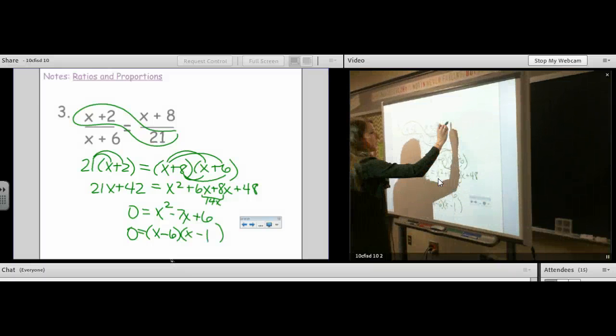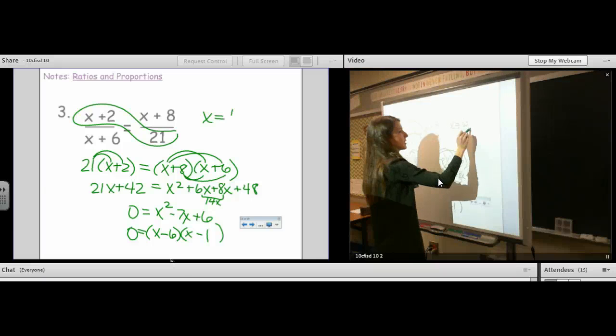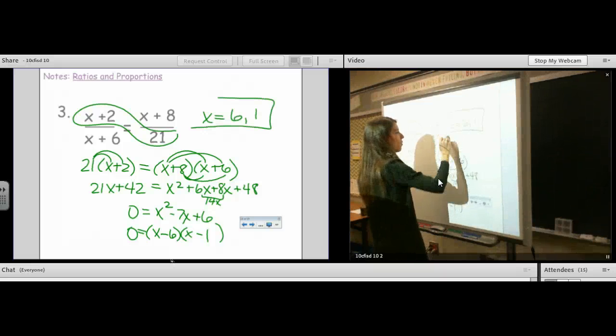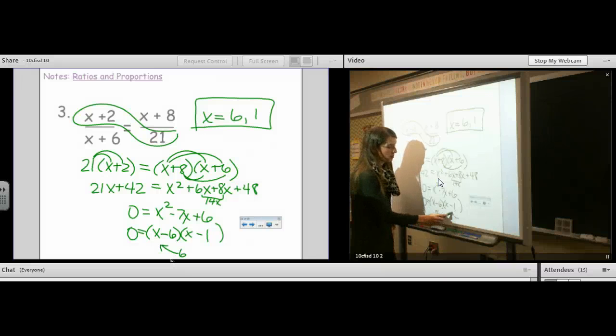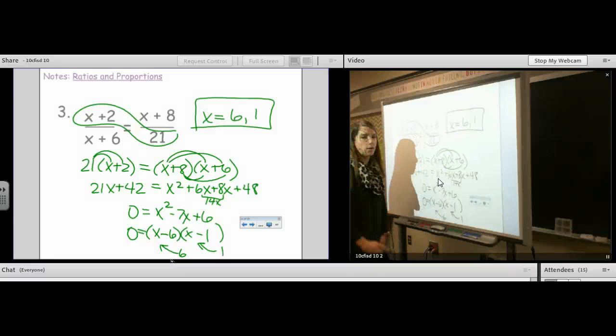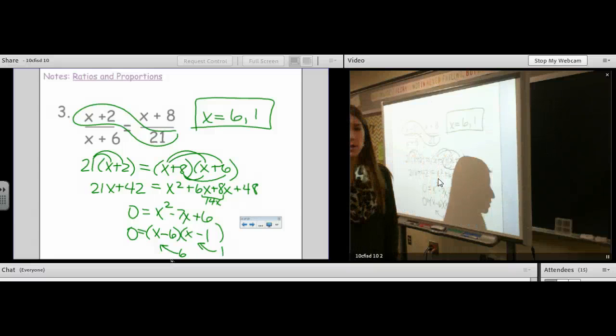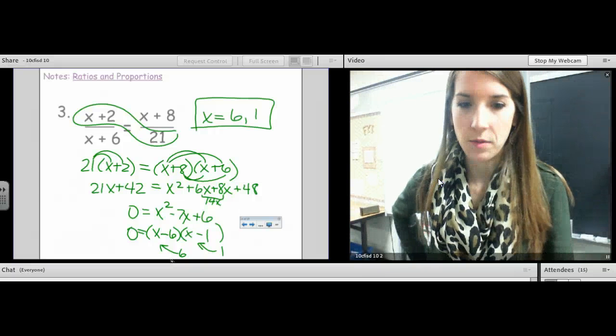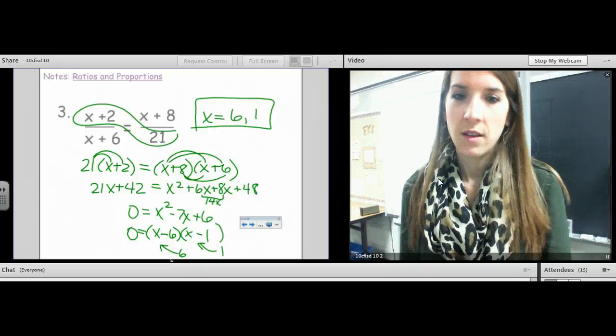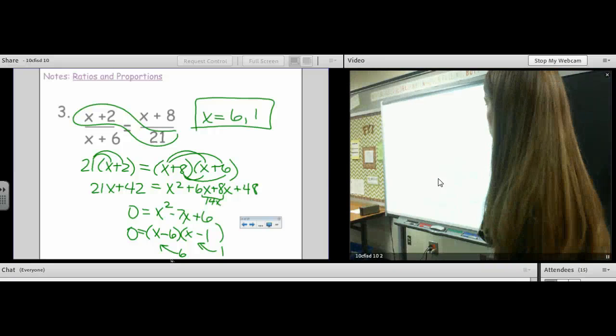So our final answer is x is 6 and 1. Because you ask yourself, what number will force this to be 0? Well, 6 will. What number will force this to be 0? Well, 1 will. So our answers are 6 and 1. The values of x that will make this proportion true.